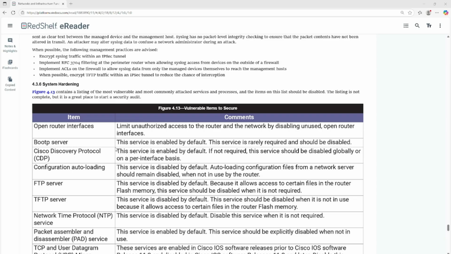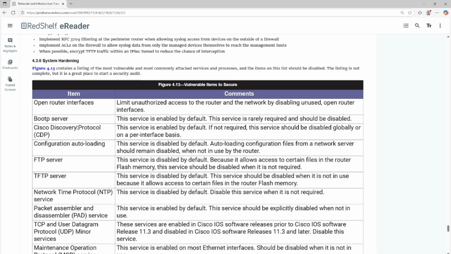The BOOTP server. Yep. It's always enabled by default and rarely required. So disable it. Cisco Discovery Protocol. Enabled by default. Disable it, please.